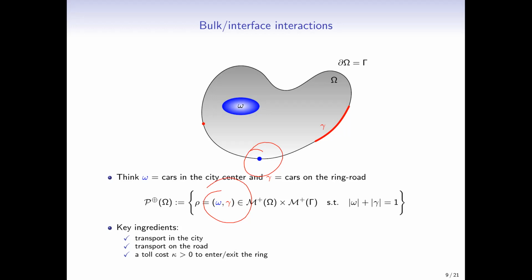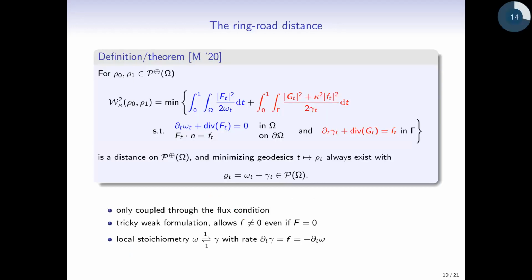So the rigorous mathematical definition is as follows. So now pick two measures, rho 0, rho 1. One last time, rho 0 and rho 1 are actually pairs omega 0, gamma 0, and omega 1, gamma 1. One inside the city, the other on the road. And what you do is you allow for a dynamical evolution of those two pairs of measures, as omega is only allowed horizontal transport inside the city. Gamma is allowed to transport along the road.